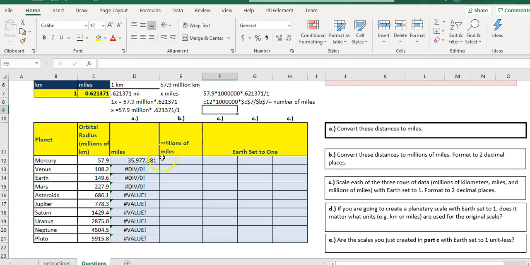So we need to go back and change our formula that we have in cell D12 to the correct formula, and put in the $ to make it absolute referencing. So go ahead and do that.